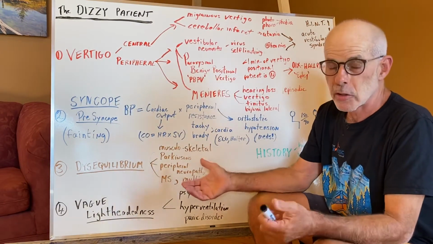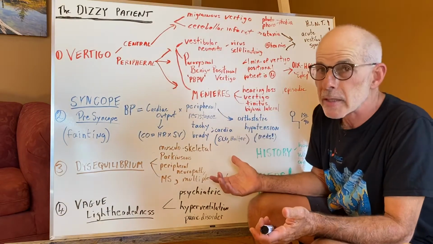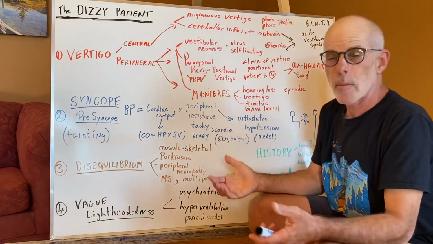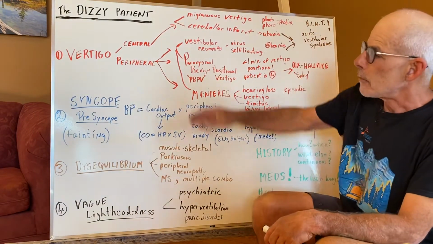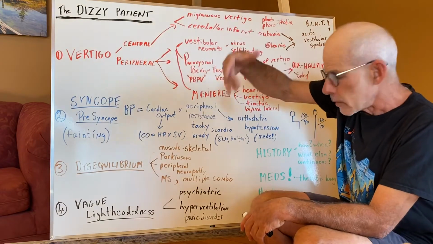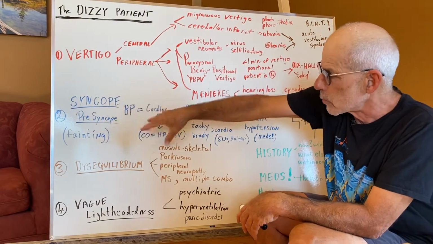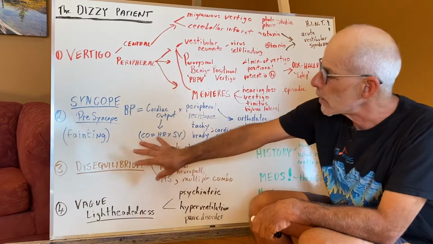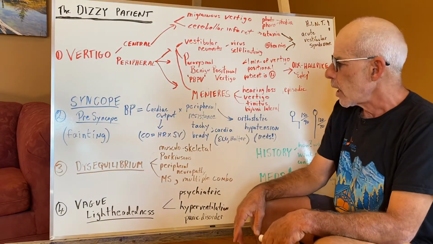Obviously, a syncope can occur when patients stand up quickly, because their blood pressure will drop. So vertigo, when you get the motion; syncope and pre-syncope, when your blood pressure is dropping; and disequilibrium.